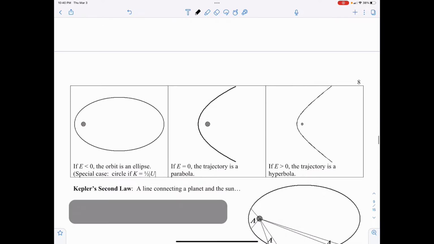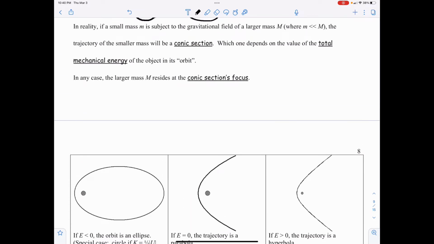What that means is, if this is our one focus point, and this is our ellipse, and we bring those focus points together, closer and closer, what do you get? You get a circle. A circle is nothing more than an ellipse that has 2 focus points joined together at one center.